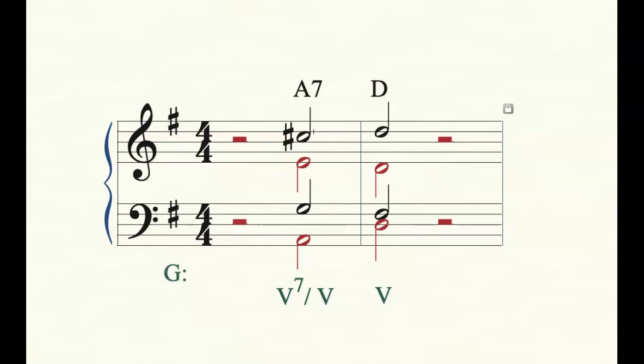And that C sharp is going to resolve up to the D by half step, just like our regular leading tone would. Here is the chordal 7th. This is the 7th of the A7 chord. That will resolve down by step. And the last note, the E, must resolve down by step to triple the root of the V chord.